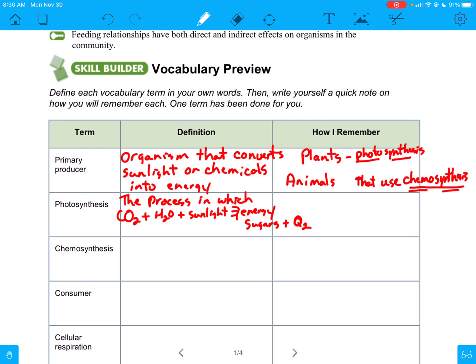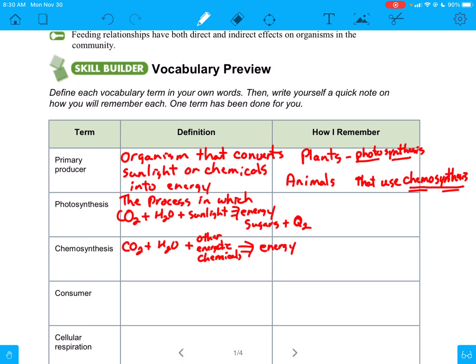Chemosynthesis, on the other hand, is totally different. That's where we take carbon dioxide again. So this is going to be CO2 plus H2O plus other energetic chemicals, and we're going to convert those into energy.